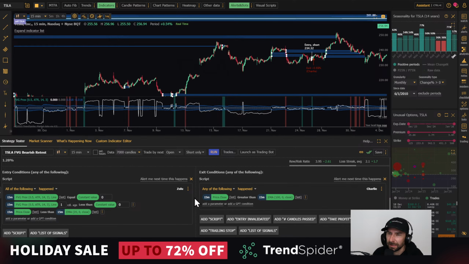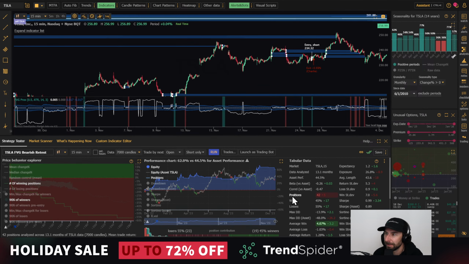We can look at the conditions. So you've got the line equal to 0, so price is testing a fair value gap. The line was less than 0 one candle ago, which means price was below the fair value gap. And then also price closed less than the 20 EMA. So if price is below a 20 EMA, we're shorting retests of the fair value gap. And then we're using price closing above this longer term EMA, this 100 length EMA, as our exit.